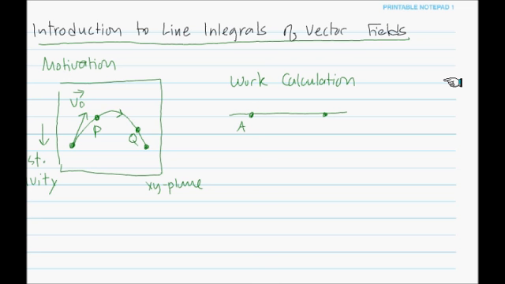So here's point A and point B, and we're moving an object from point A to point B linearly, using a force in the same direction as the motion. The distance is d units, and the magnitude of the force is F. Here it's the magnitude, therefore it's a scalar. So everything is pointing in the same direction, so the vector information is not important. The work is defined as the magnitude of the force times the distance it moved. So that's the definition of work.